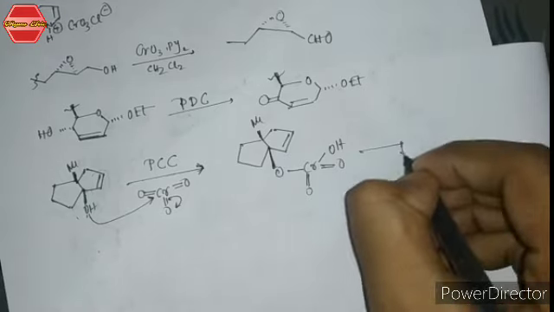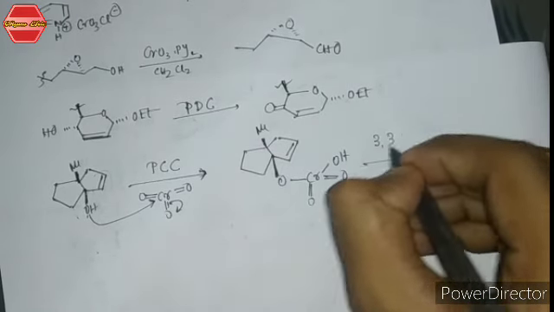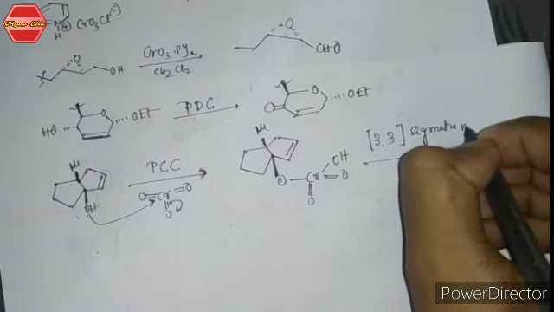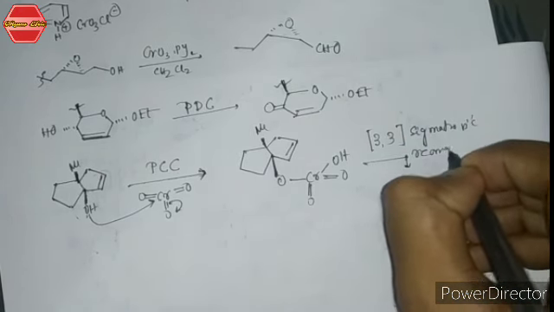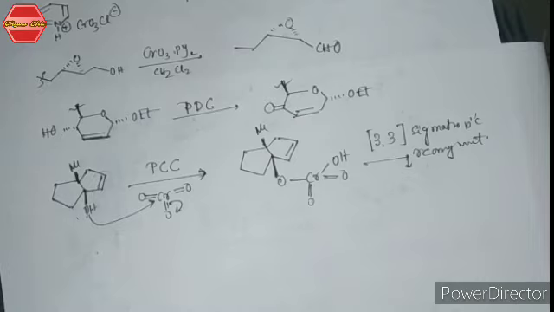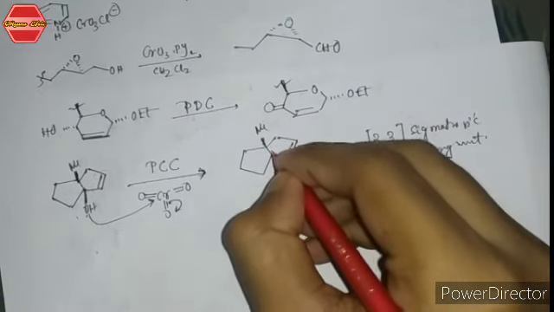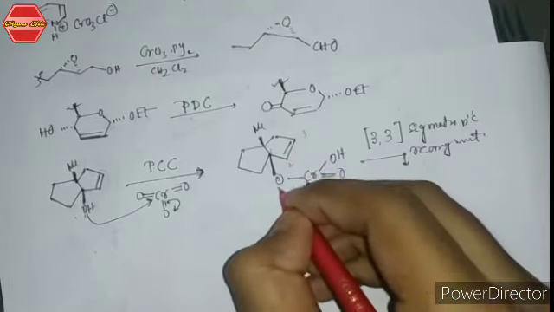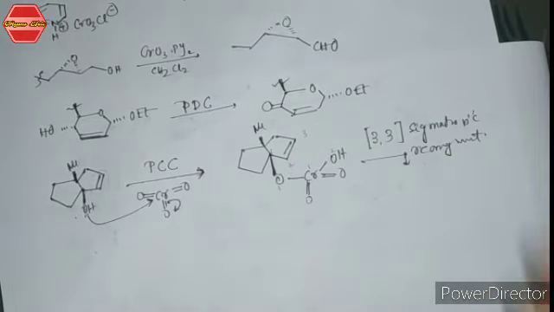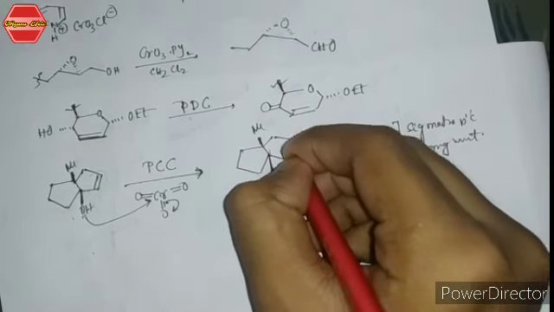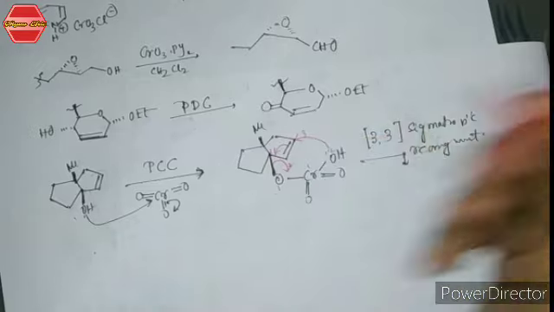Now here is a possibility of 3,3 sigmatropic rearrangement. If we number from here, that is 1, 2 and 3, and now this is 1, 2 and 3. This oxygen has a lone pair of electrons, and this will attack here, these bonds will go here, and this will go here.